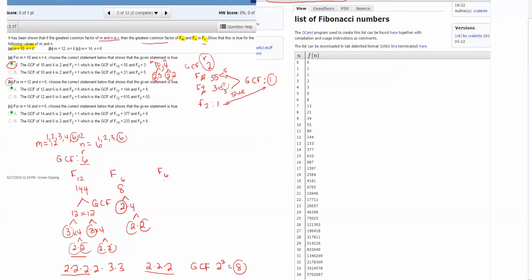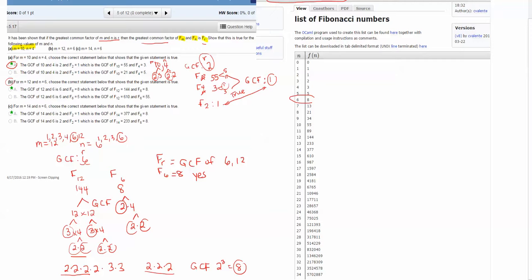So what this means is if I now look at f sub 6, which is f sub r, it should equal the GCF of the Fibonacci numbers. Again, if you look at your Fibonacci sequence, f sub 6 is 8. So yes, that is true, and we've verified that again.